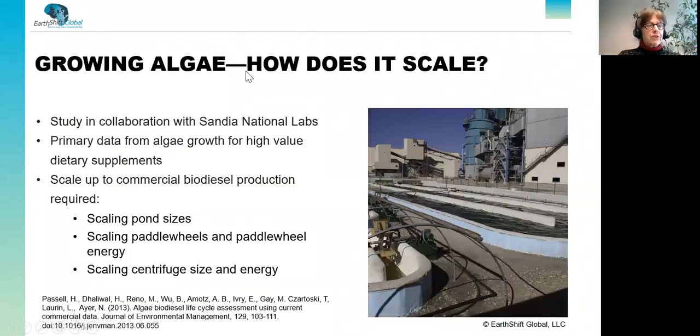The first study that we did applying what was then called dynamic LCA, I heard Eric Williams talk about it at the ISSST conference a few years back. We were looking at growing algae for biodiesel production. And so we were looking at ponds.